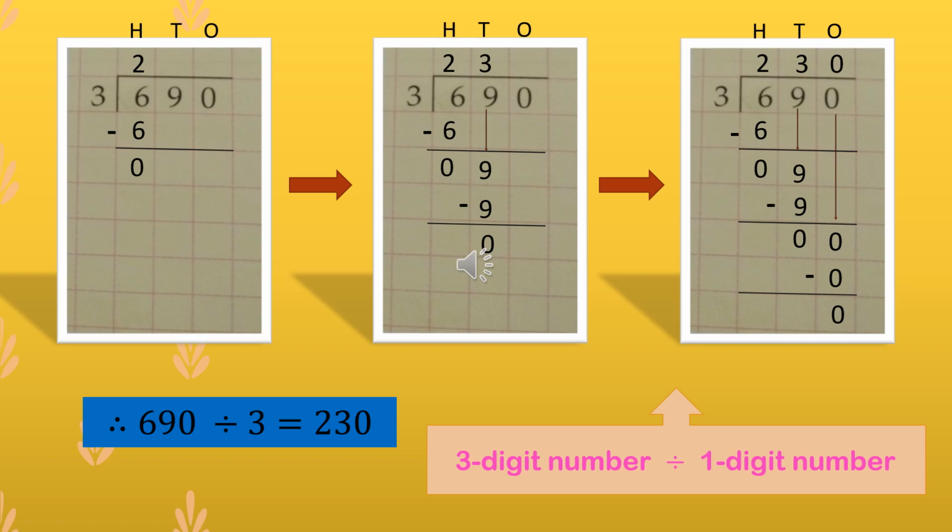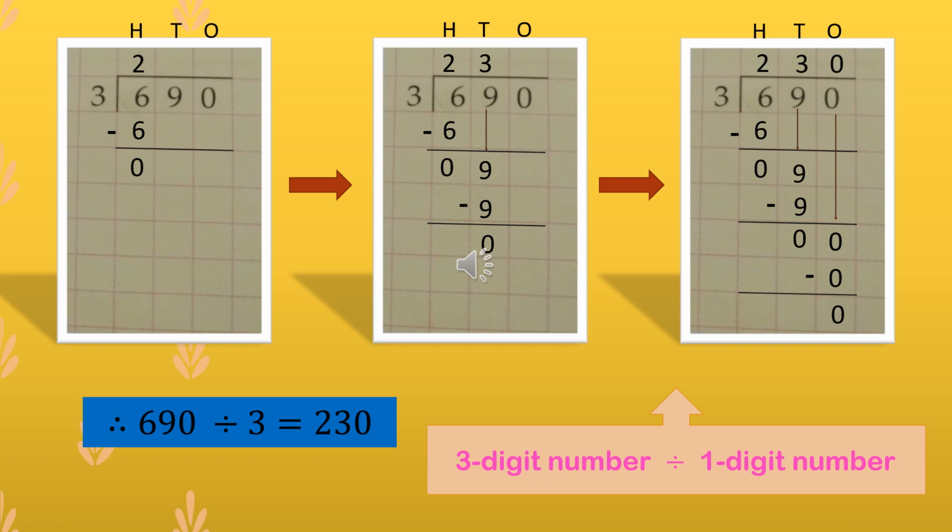When we divide 0 by any number, then the answer is always 0. Yes. So 0 we will write at the quotient place and again 0 we will write just below the 0 which we have taken down. Okay. Now subtract 0 minus 0 equals 0 itself. Isn't it?